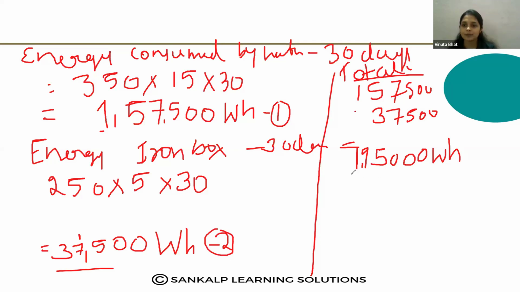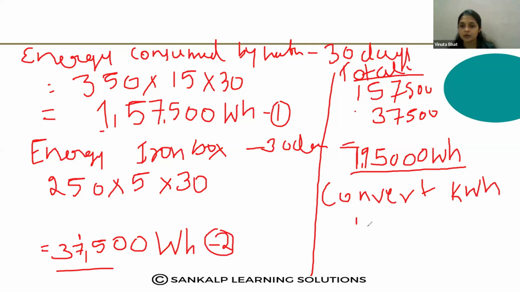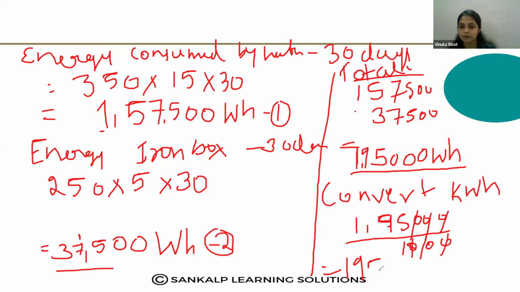That is 1,95,000 watt hour. So you have to convert it into kilowatt hour and divide it by 1,000. 1,95,000 when divided by 1,000 is equal to 195 kilowatt hour.